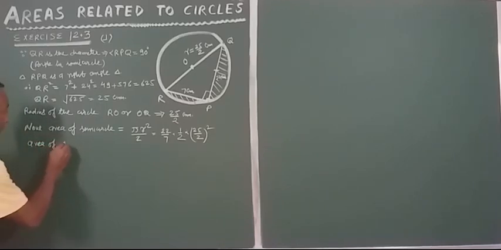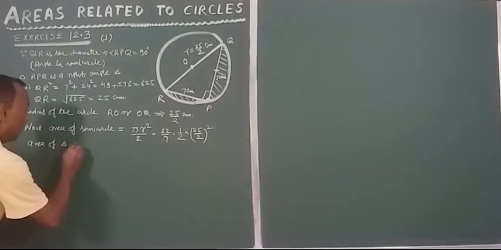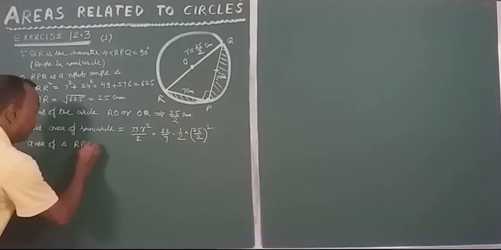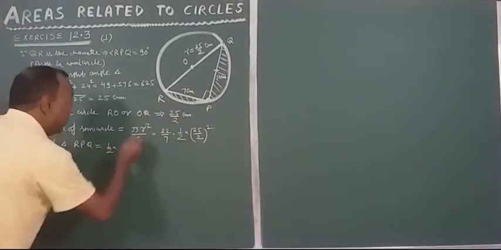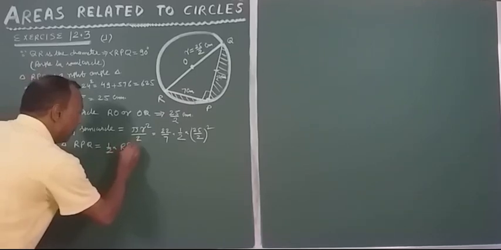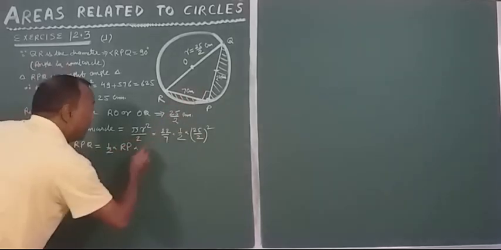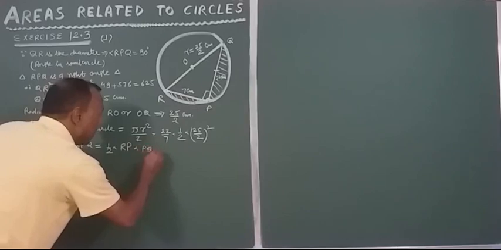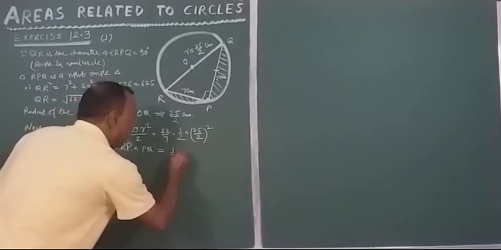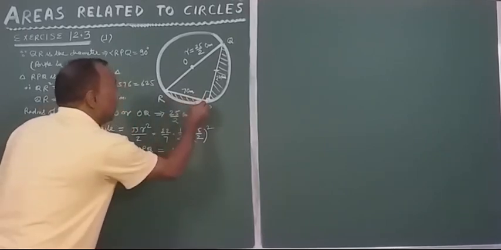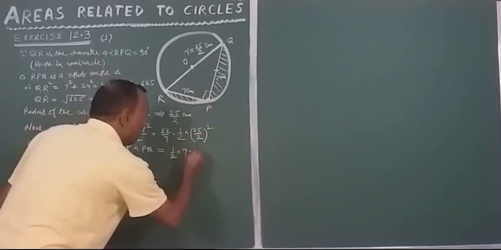Similarly, area of triangle RPQ, that will be half into base, here RP, into height, here PQ. So this will be 1 upon 2 into 7 into 24.